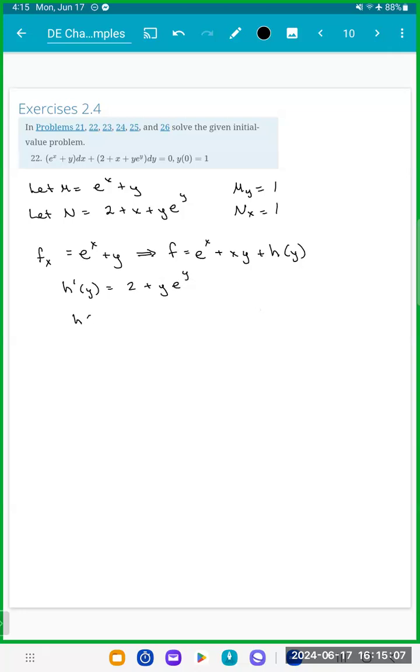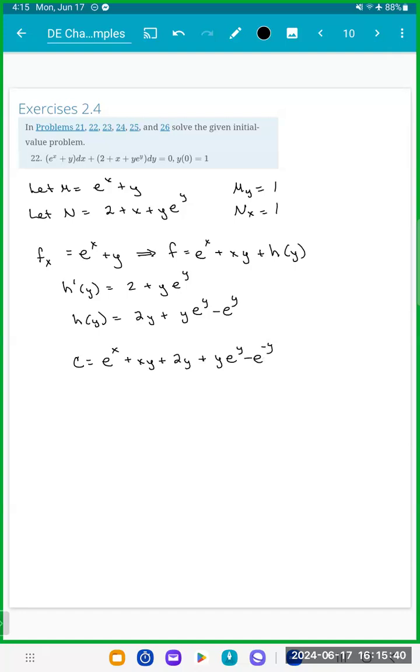Therefore, our h function would be 2y plus y e to the y minus e to the y. And so the solution then is c is equal to e to the x plus xy plus 2y plus y e to the y minus e to the negative y.